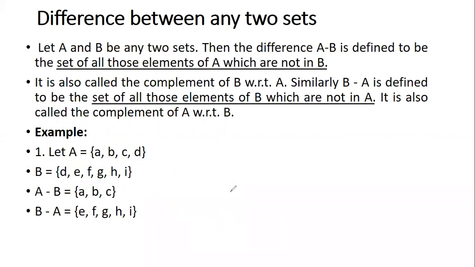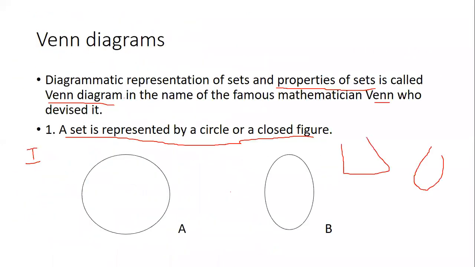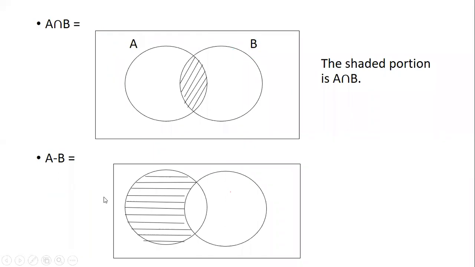Let's go back to the Venn diagram now and see how to represent that. Going back to the Venn diagram part where we had A minus B. This is set A and this is set B. Now when I'm talking about A minus B, I'm supposed to only shade the A part, but do not include the common element.